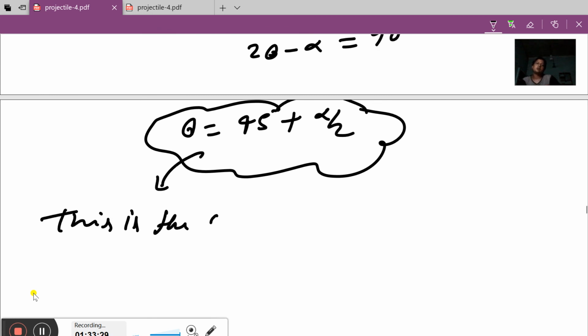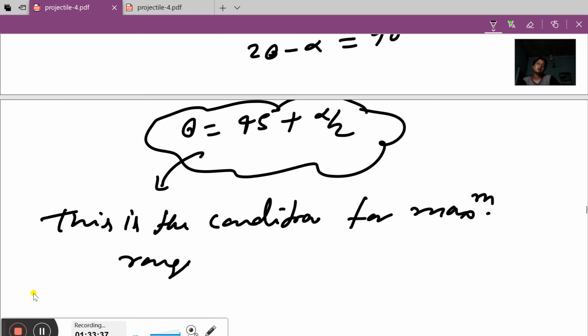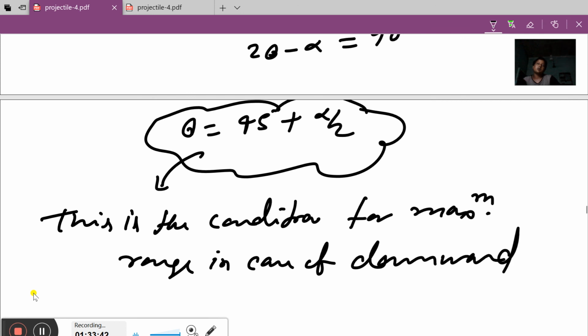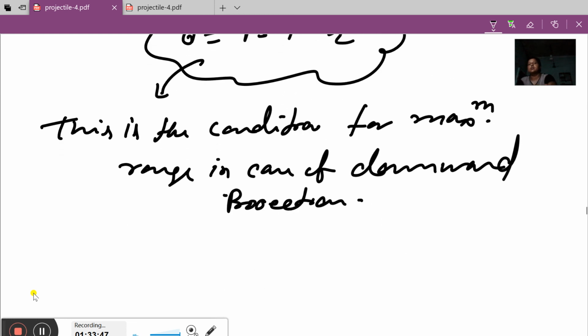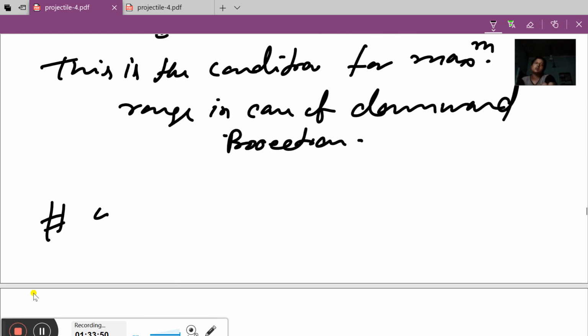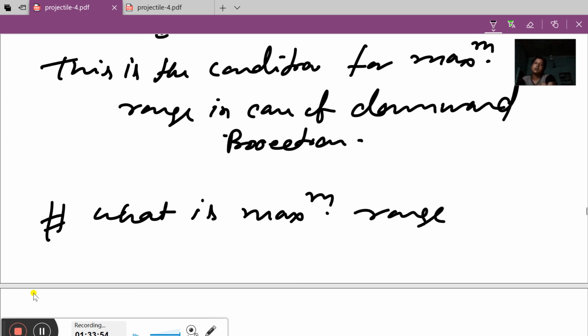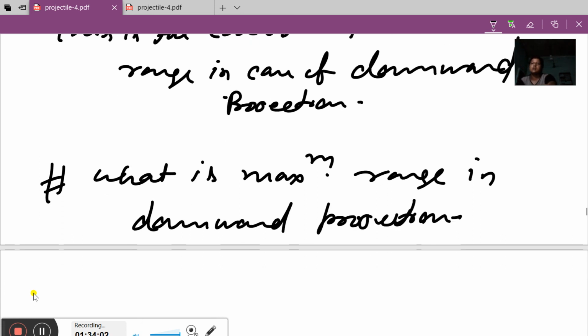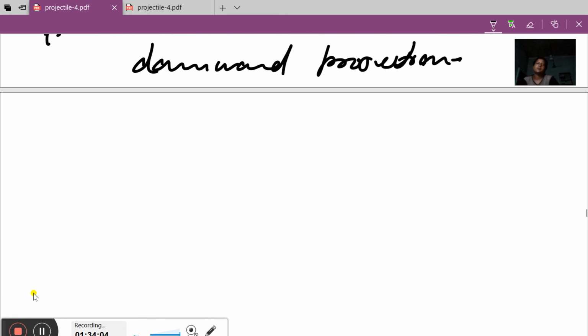This is the condition for maximum range in case of downward projection. What is maximum range in downward projection?